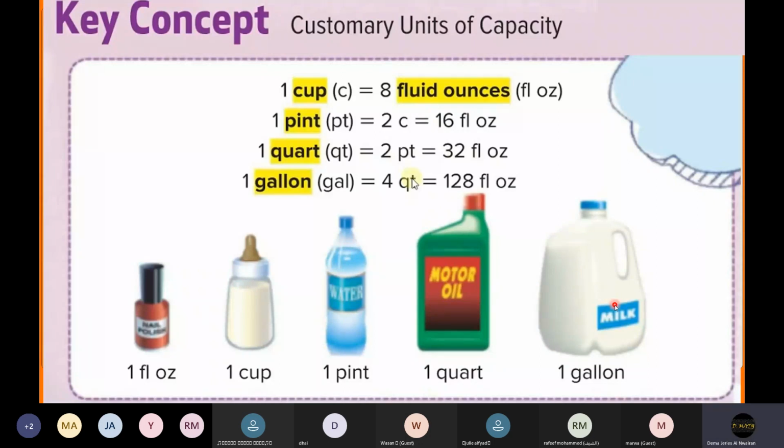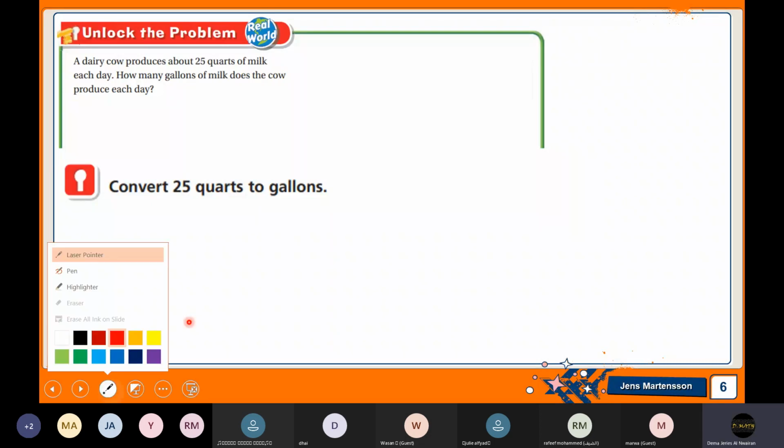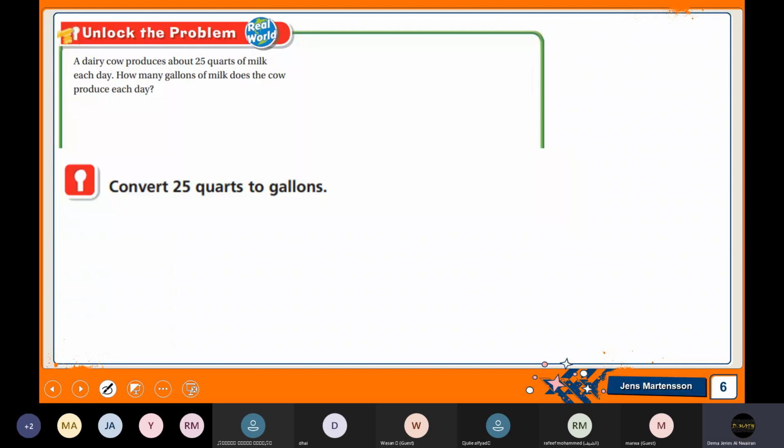How to convert them? As we said before with the customary units. Let's have this example. A dairy cow produces about 25 quarts of milk each day. So they told me the amount of milk the cow can produce is 25 quarts, and they asked me how many gallons.